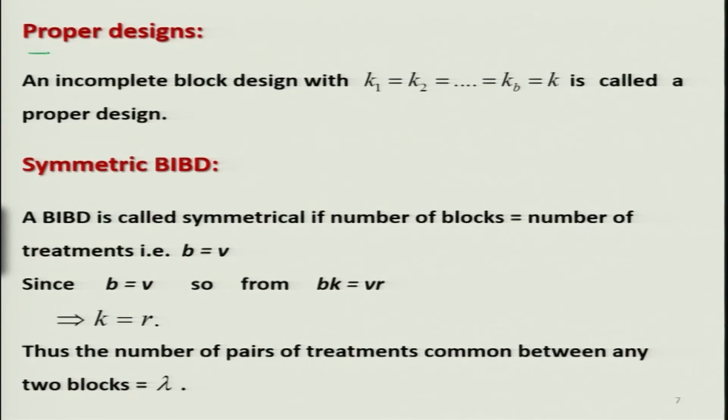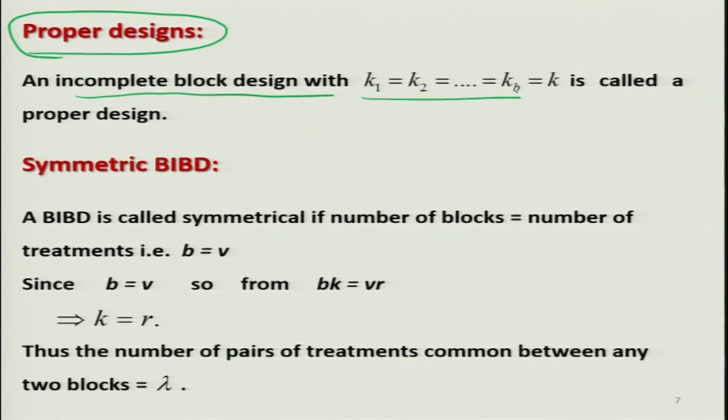After this I give you some more definitions. The next definition is a proper design. Any incomplete block design where you take K1 equal to Kb equal to, say, K is called a proper design. What is the meaning of this?